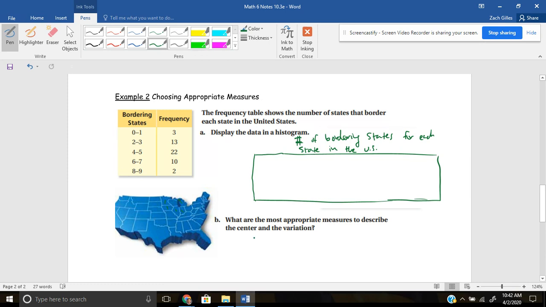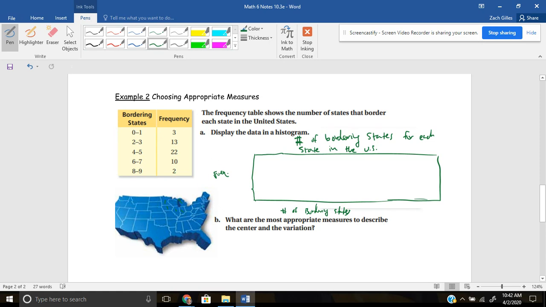Okay, so here we'll come down and we'll put our number of bordering states. And then, like usual, we'll put our frequency on the left. So for my numbers here, I go from 2 to 22.